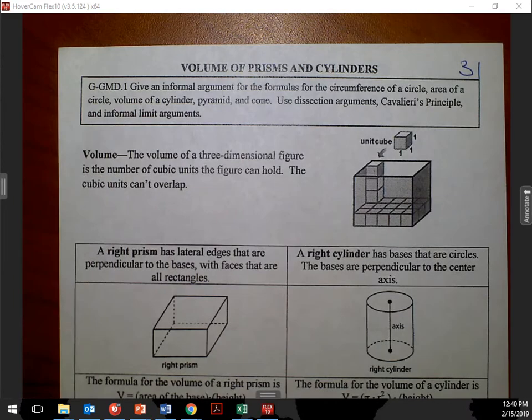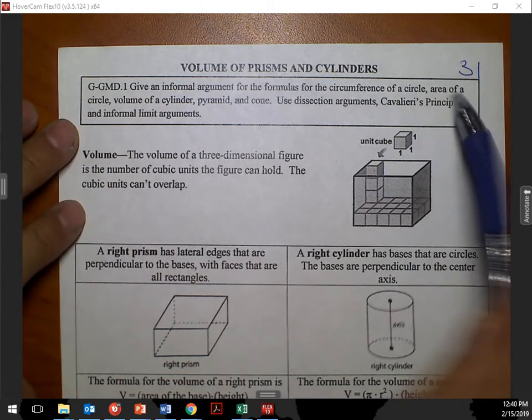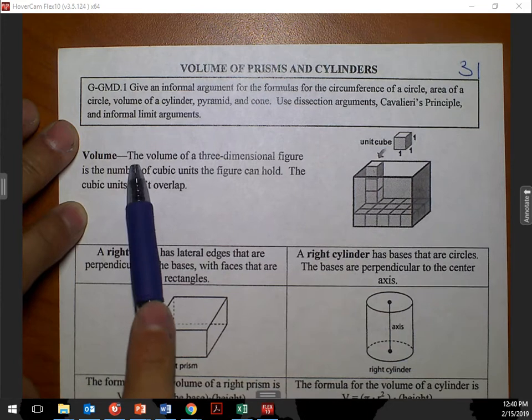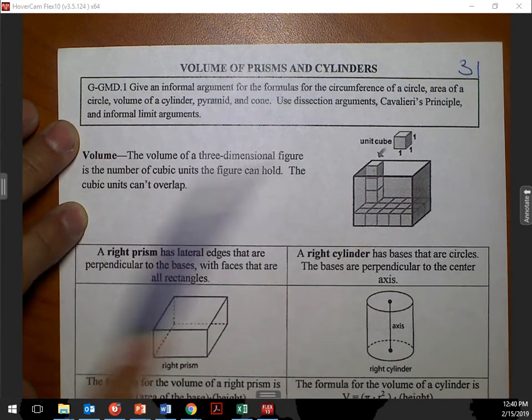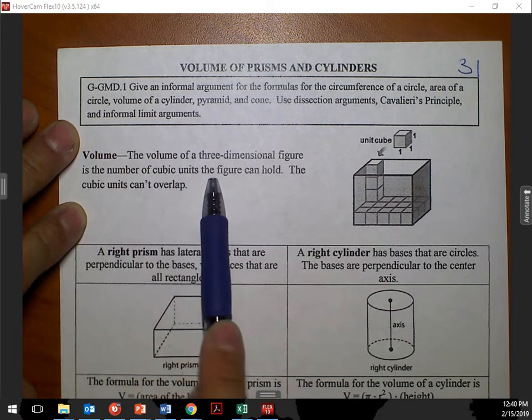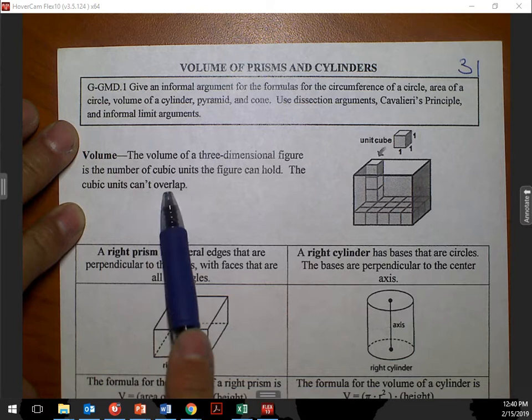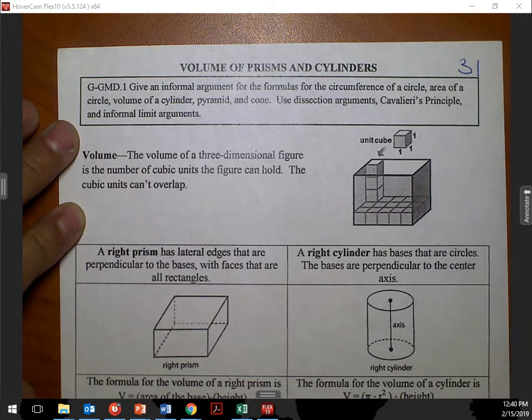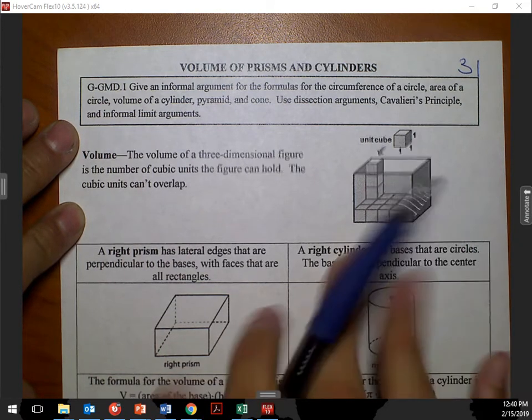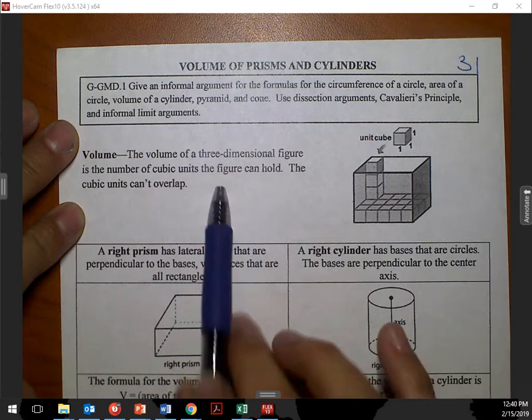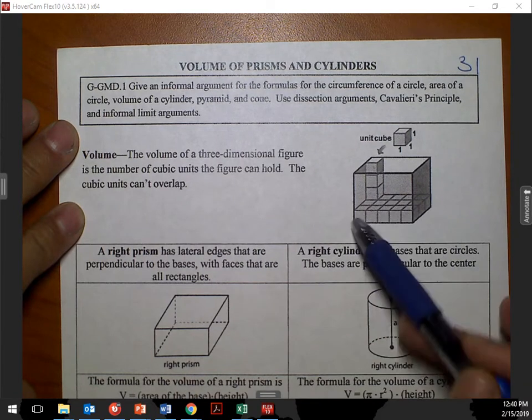So we're going to go over 31. Right here, volume. Volume of a three-dimensional figure is the number of cubic units the figure can hold. The cubic units can't overlap. When we did square the other day, we were talking about a length and a width. Now these are three-dimensional.